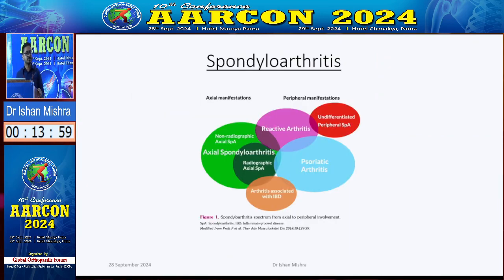Coming to the next differential, which is spondyloarthropathy, beautifully discussed. The peripheral manifestations usually can confuse you like RA. Reactive arthritis, psoriatic arthritis, and IBD-related arthritis can have peripheral arthritis as well.